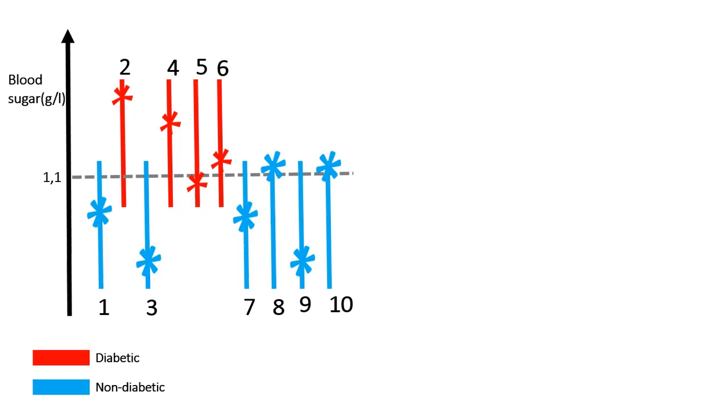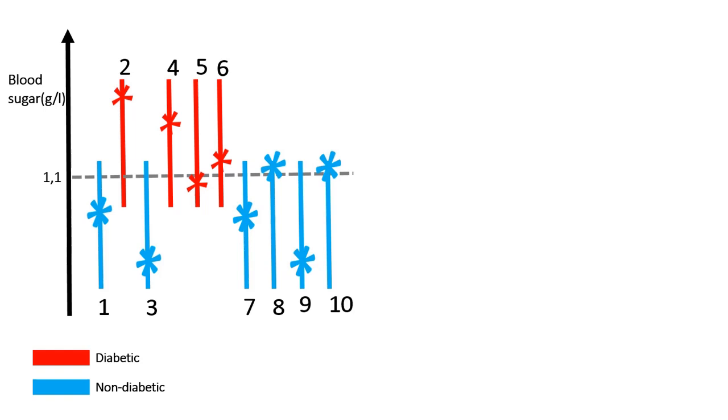So subject number 1 would not be included, because he truly is not diabetic, and the test results show that his blood glucose level is below 1.1. As you can see, the star is below 1.1.